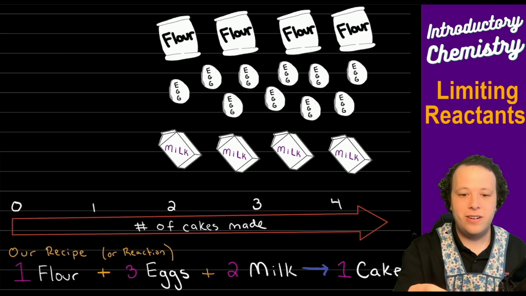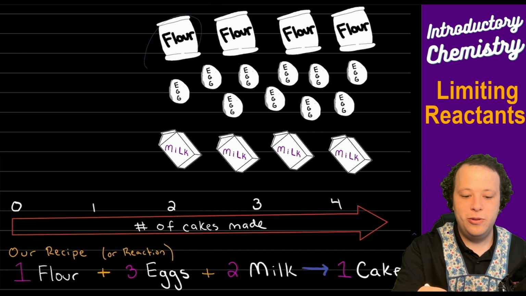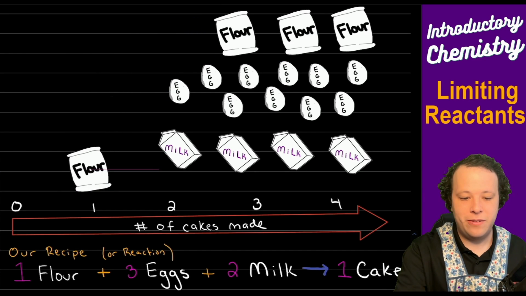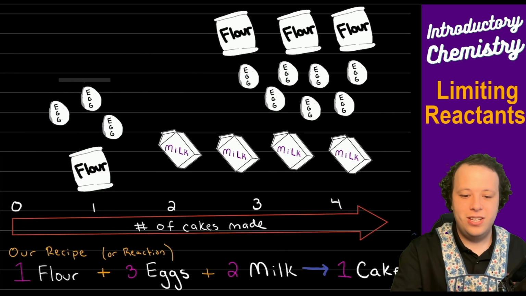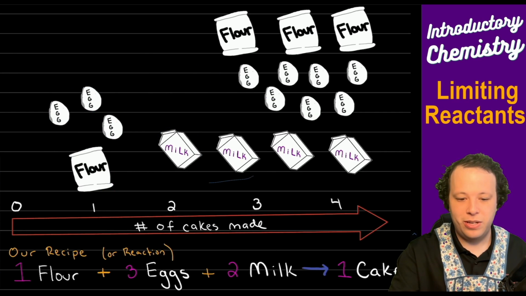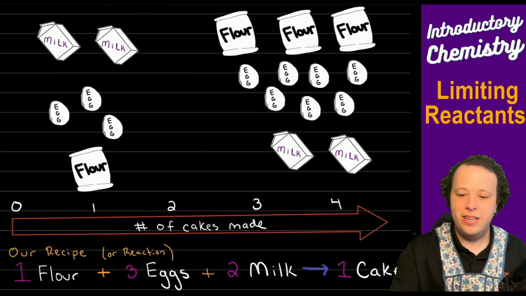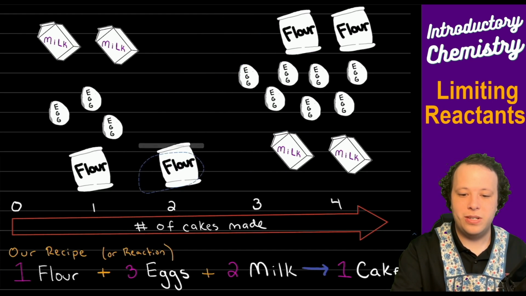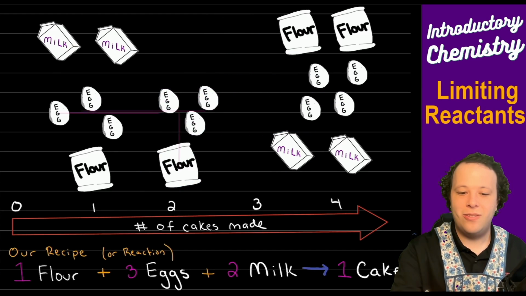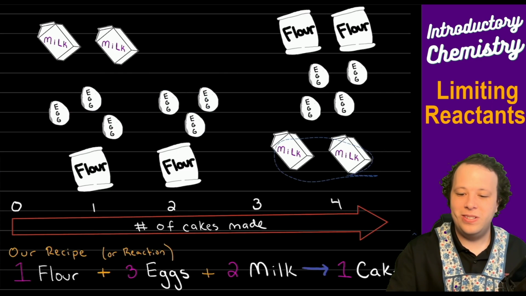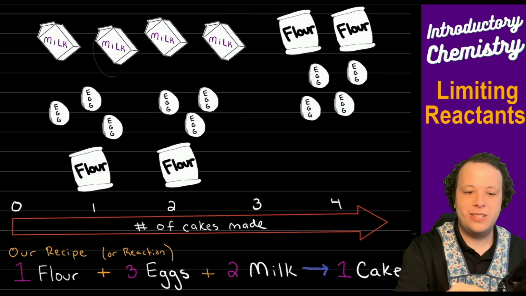If we take our ingredients and move them around, we have our one flour that combines with 3 eggs and 2 milk, and that's one individual cake. And then we can combine this with another one as well: one flour, 3 eggs, 2 milk. So why don't we move all this over a little bit? It all fits.